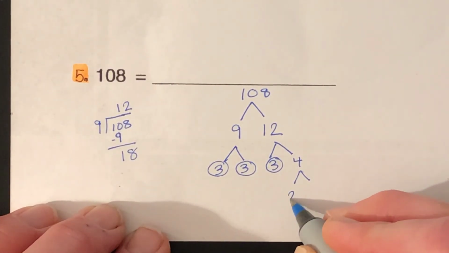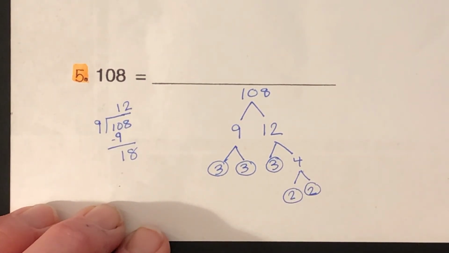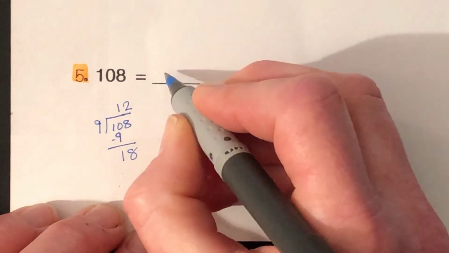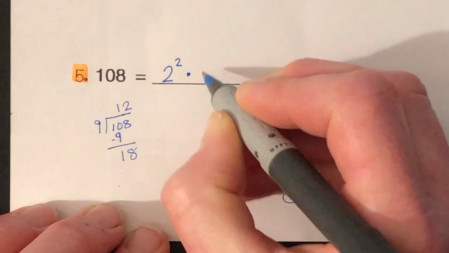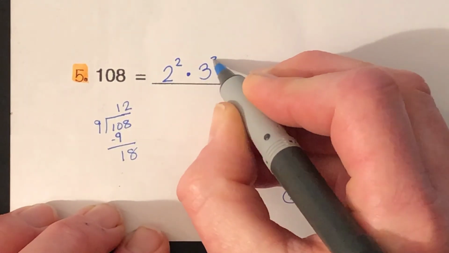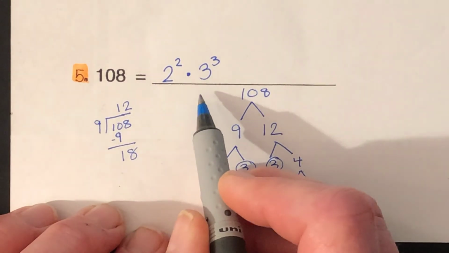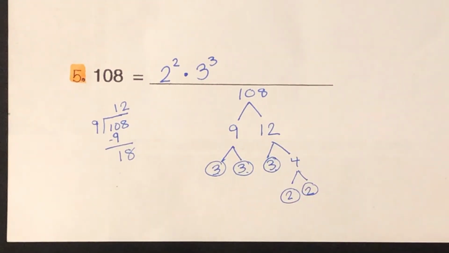That would be 2's. So I've got all prime numbers. 2 squared times 3, 1, 2, 3 to the 3rd power. So 2 squared times 3 to the 3rd power is 108.